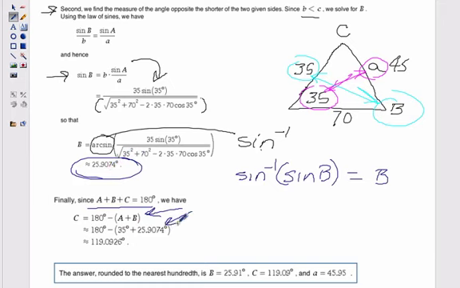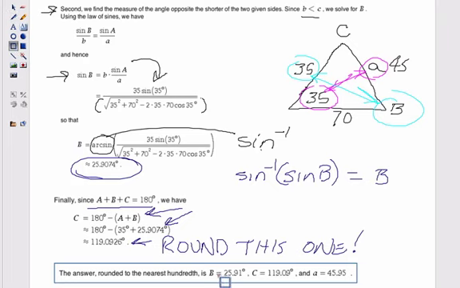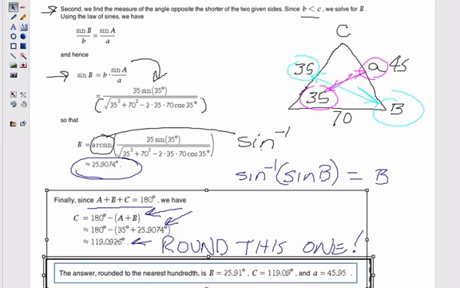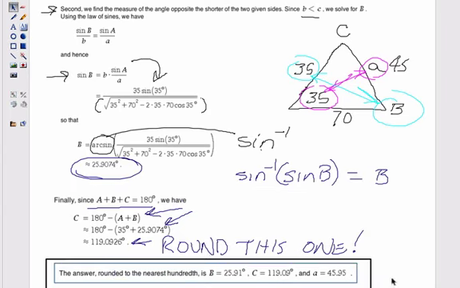This is the answer we round here, so round this one. And then of course our answers are here: B, C, and A. There you have it.